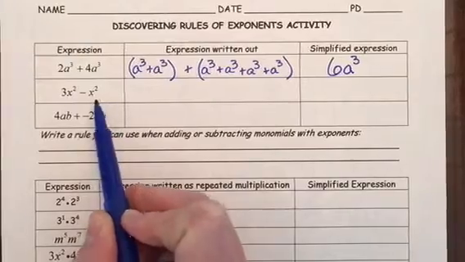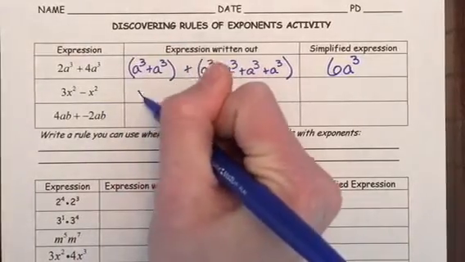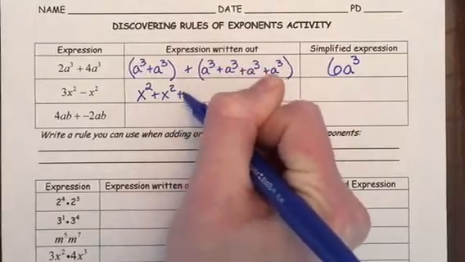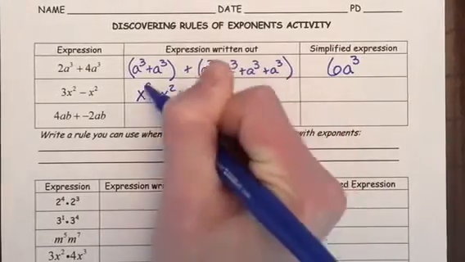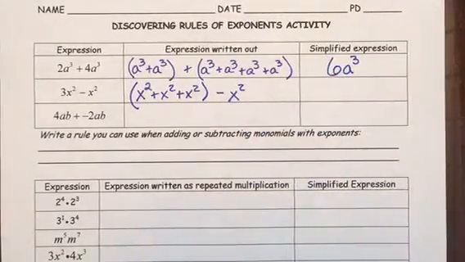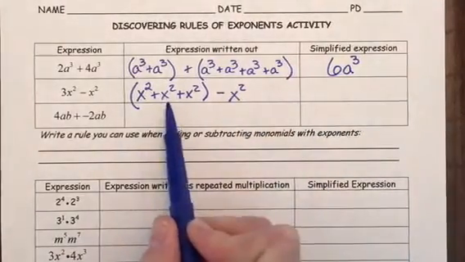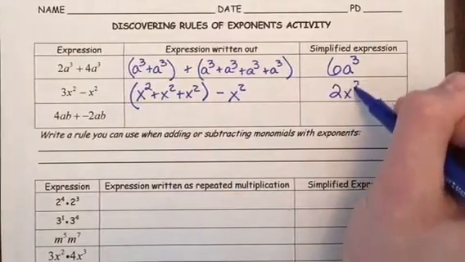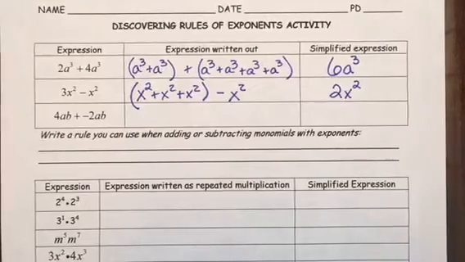3x squared minus x squared. That's x squared plus x squared plus x squared minus x squared. So you can see we have 3 of them and we're taking away 1. We are left with 2x squared. So this would be a really good time to pause the video and see if you can complete the last example on your own.